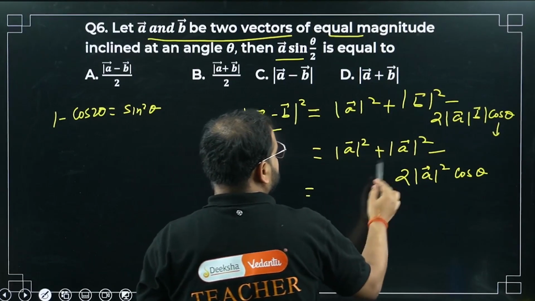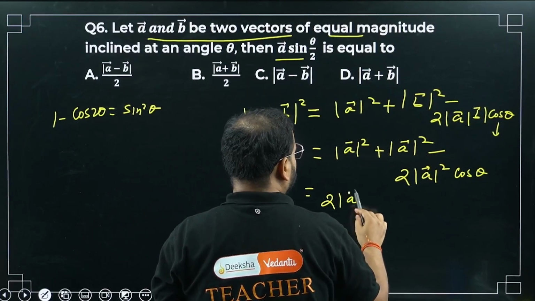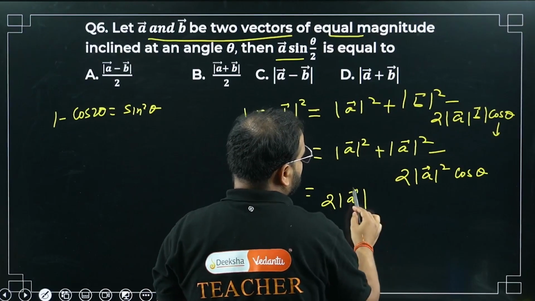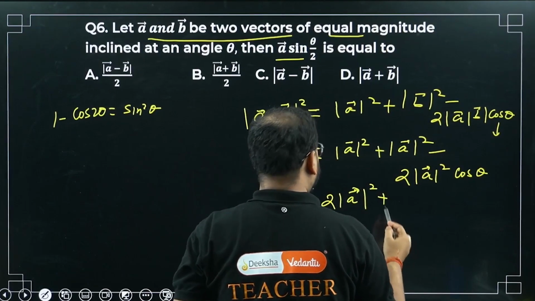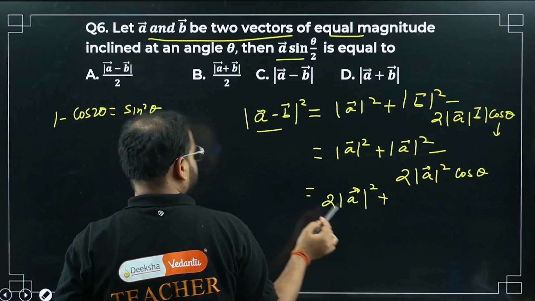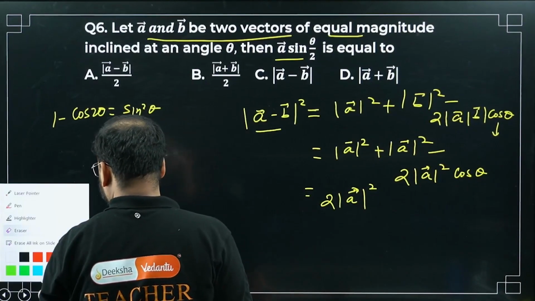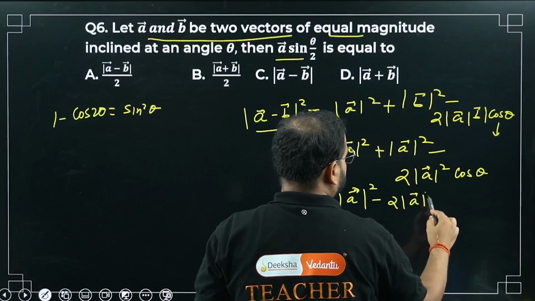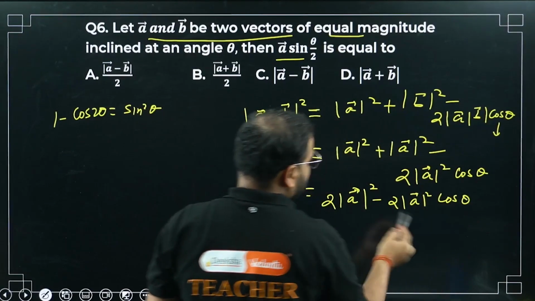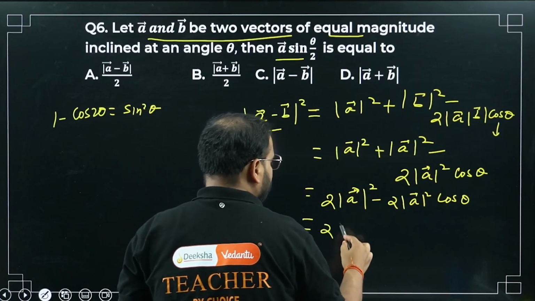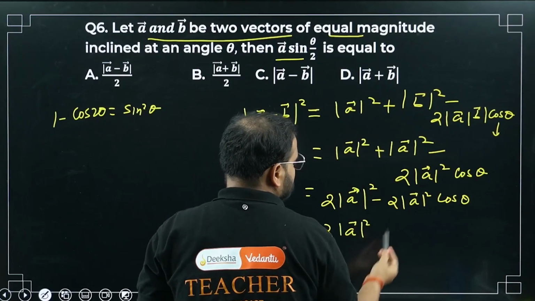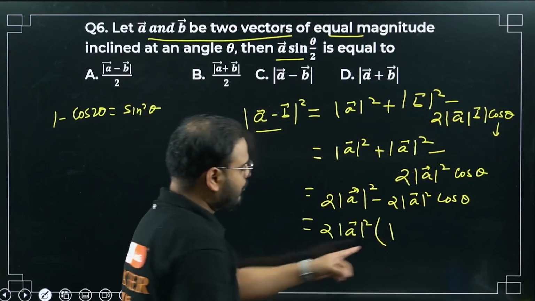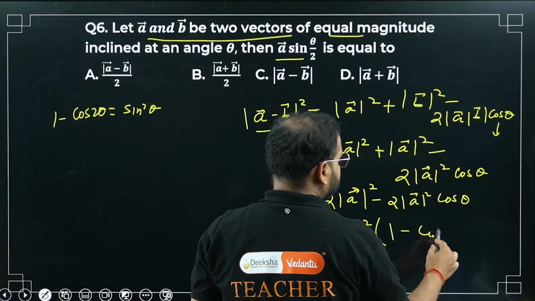A square plus A square is 2 times A square. Not plus, it's a minus sign. Now take this common, 2 times A square. What I'm getting for the first one is 1 left, minus cos theta.